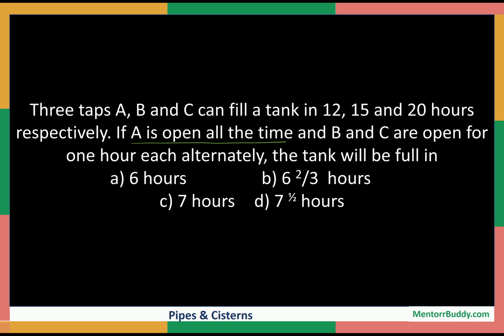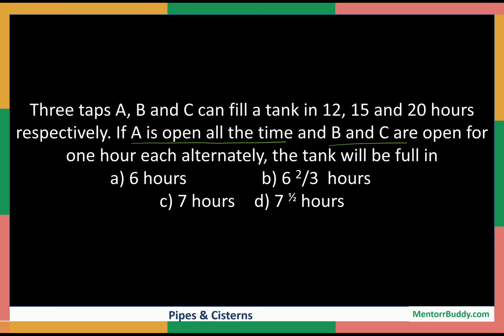But with pipes B and C, B is open for 1 hour, then B is closed, and pipe C is open for another hour. Then for the third hour, pipe B is again opened and pipe C is closed. This is how they are filling the tank alternately, B and C, but A is open all the time. So they are asking in how many hours the tank will be full.